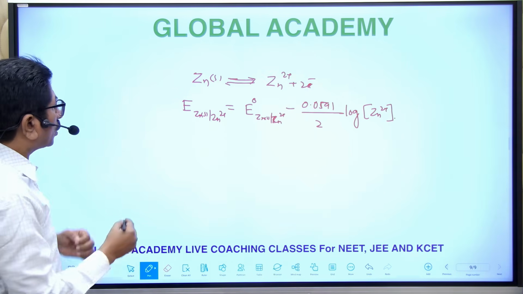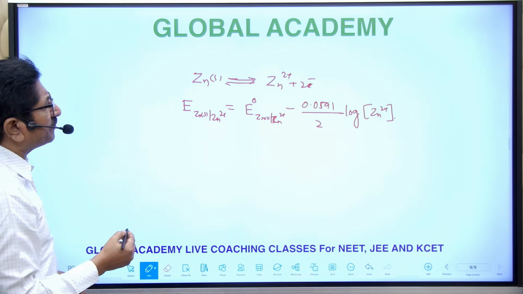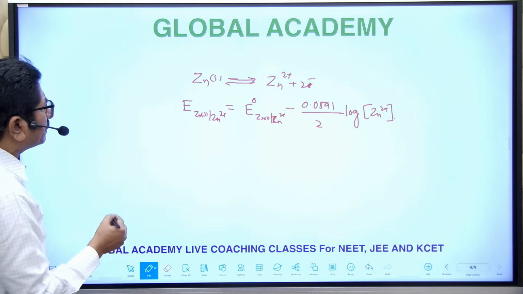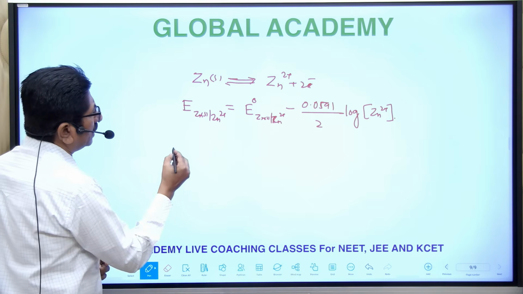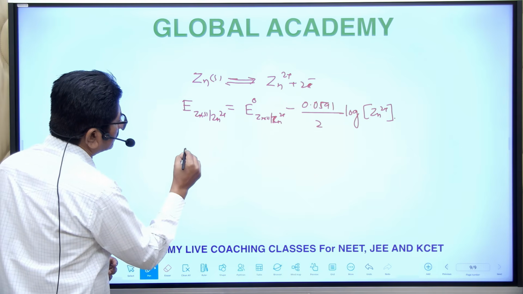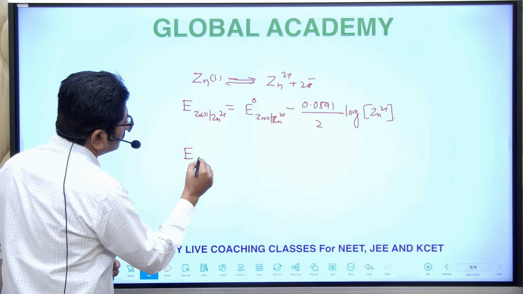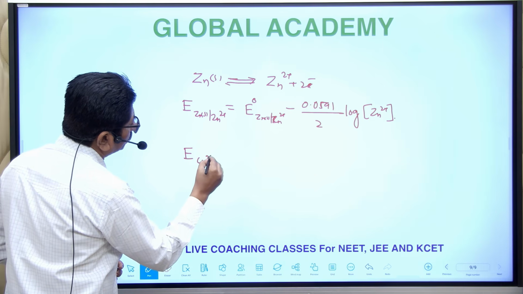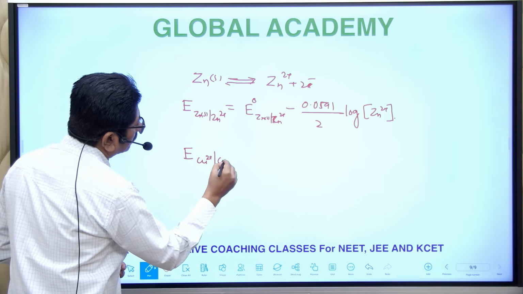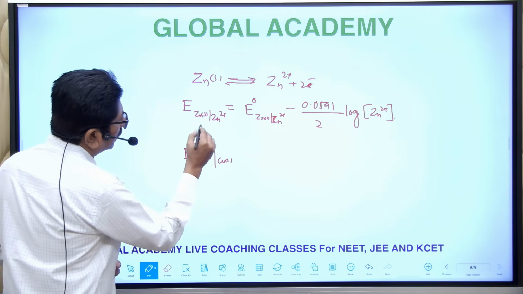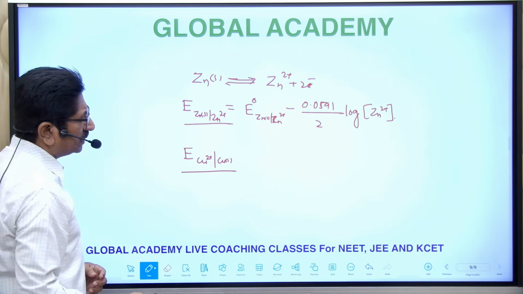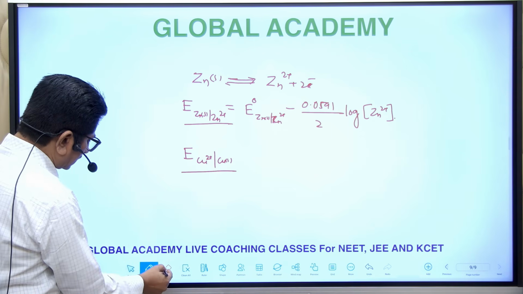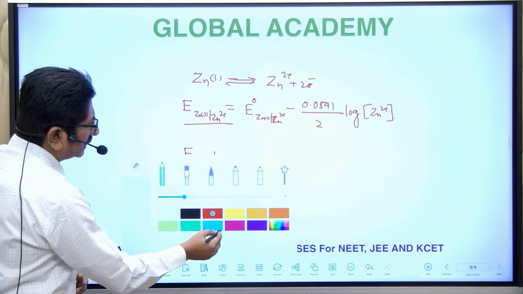Now, if you remember, I had represented the copper example like this, E of Cu2+ and Cu solid. What is the difference? Just see the difference.